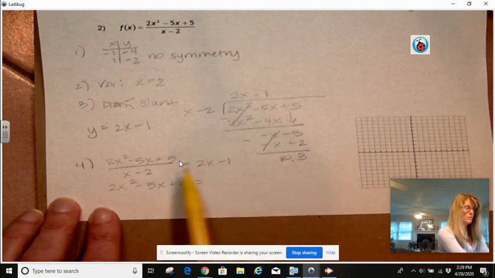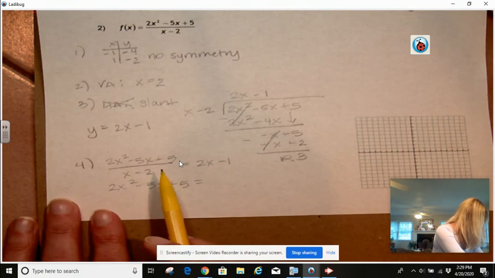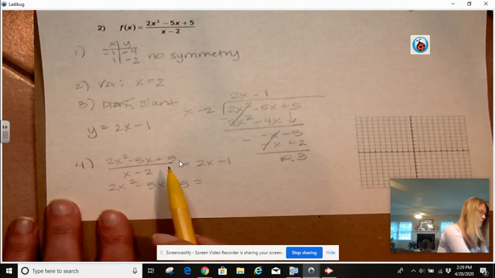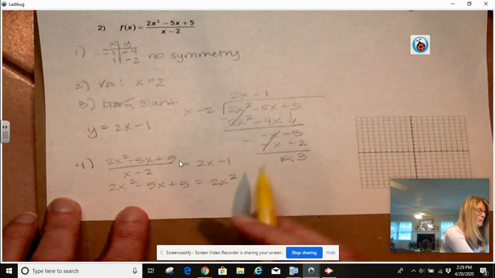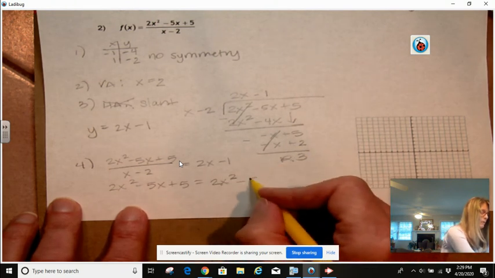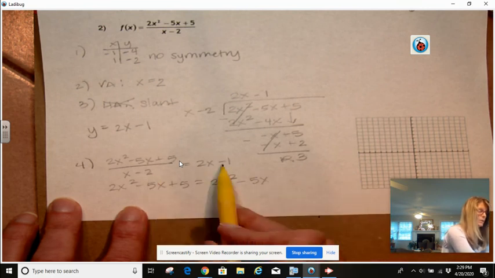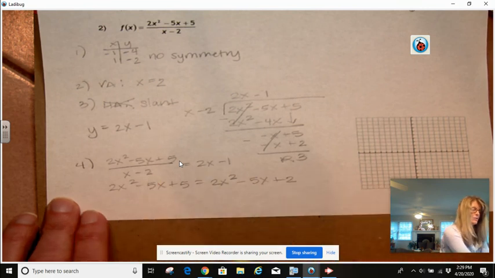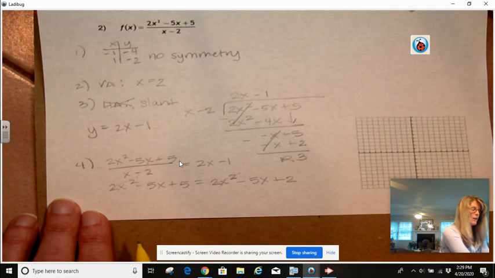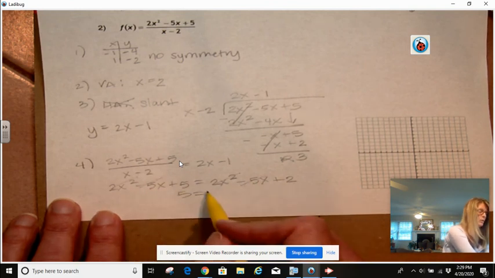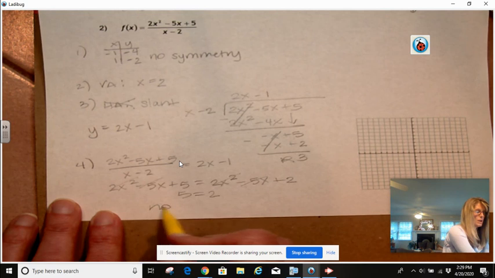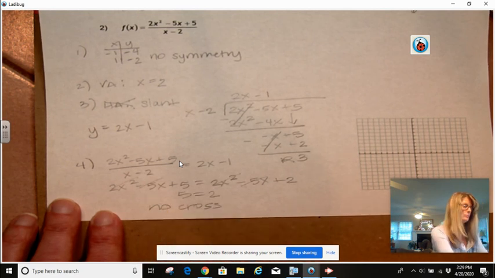If you FOIL 2x minus 1 times x minus 2, then you are going to get 2x squared minus x minus 4x is negative 5x, and negative 2 times negative 1 is positive 2. So you can see that the 2x squareds cross out and the negative 5x, and you get 5 equals 2, which makes no sense. So again, we have no cross.